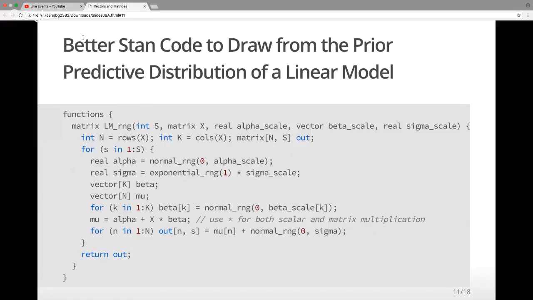Now that I've filled in beta, it has numbers rather than NAs, and so I can use beta. And I do so on the next line by defining mu, which I previously declared as a vector of size n, as the scalar alpha plus the product of the matrix X and the vector beta.